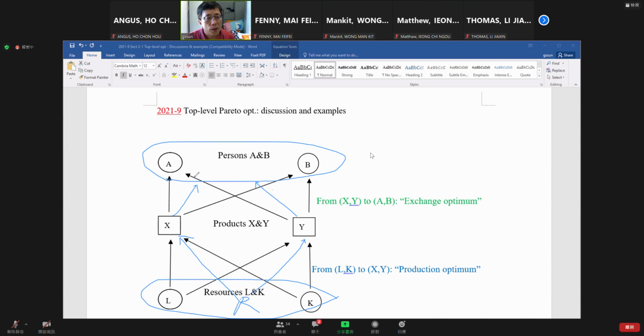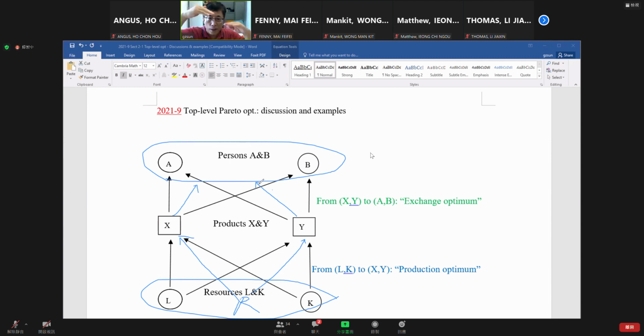So therefore, if we are already at the optimal, we should find that wherever you put a resource must give you the same effect. Otherwise, give more resources to the channel which gives you a bigger number, and less resource to the channel which gives you a smaller number, until they are equal to each other.